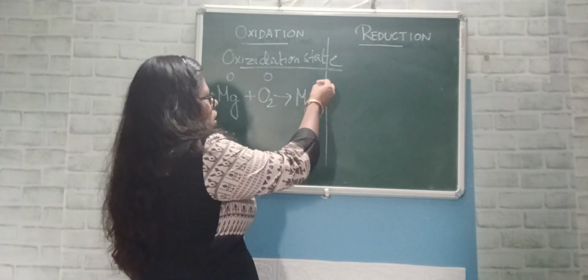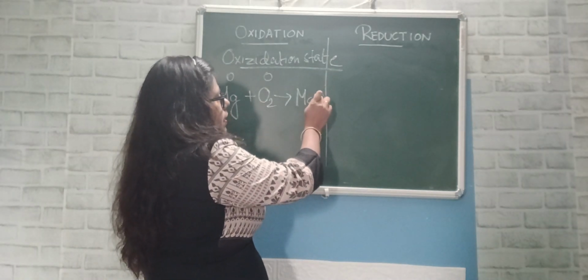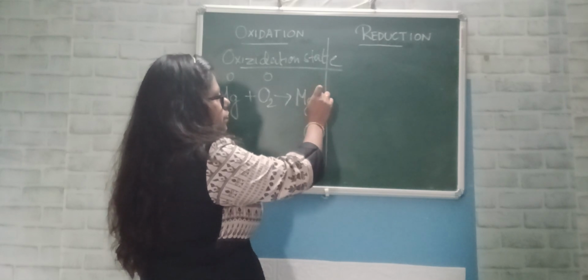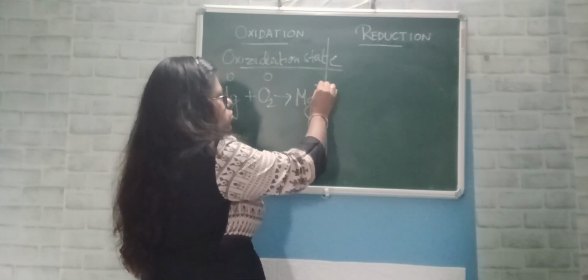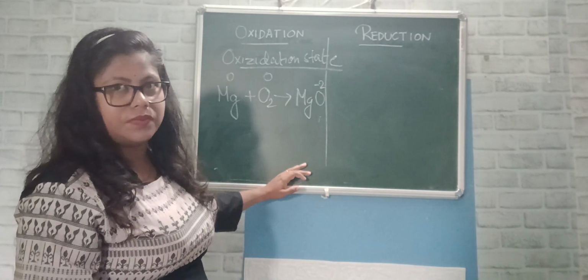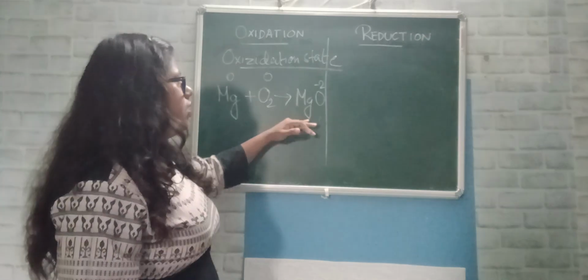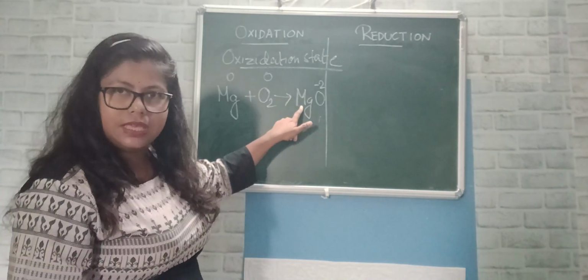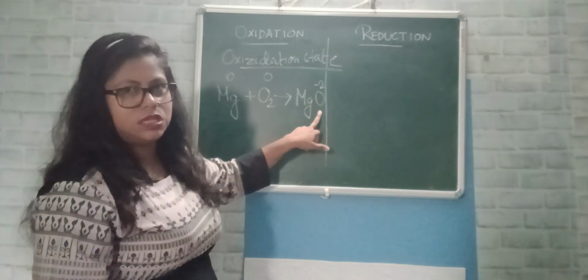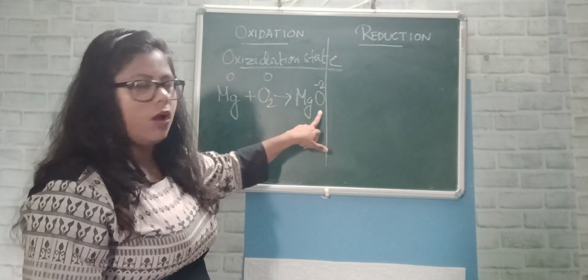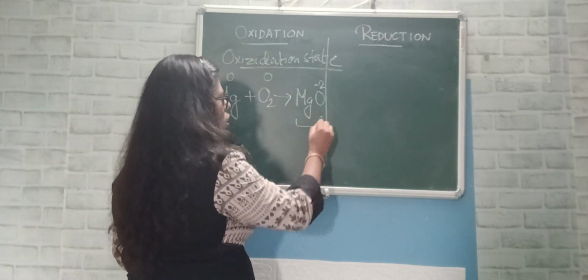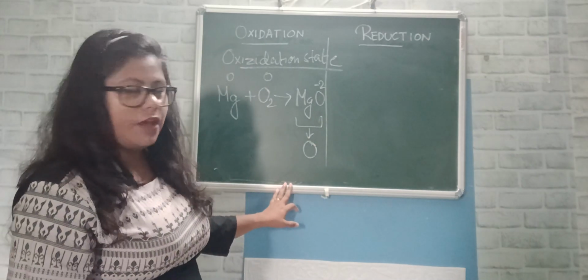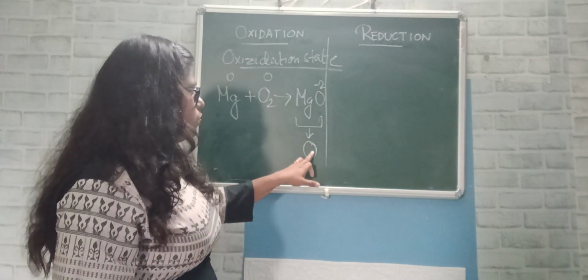Like we know that oxygen is having -2 as its valency. Even if you don't know the oxidation state of magnesium, it's easy to find out if you know the oxidation state of the other one, because the net oxidation state will be 0.